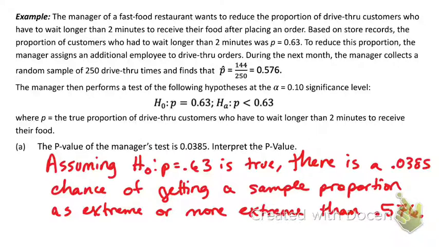That means there's a 96% chance that we made an actual difference with the new drive-thru employee. Does it sound like the drive-thru employee made a difference? Yeah. It does. There's a 4% chance that this sample was just from sampling variability in this 63% distribution. But there's a 96, the complement, a 96% chance that this employee made a true difference. Okay, that's what that means.